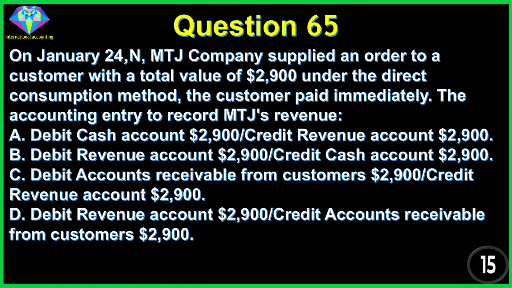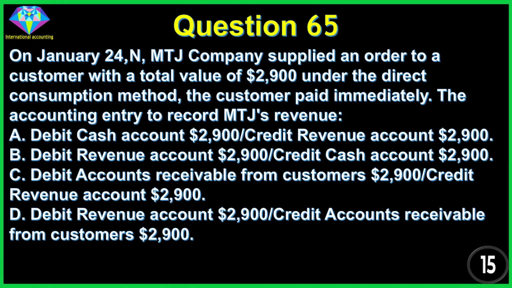On January 24, an MTJ company supplied an order to a customer with a total value of $2,900 under the direct consumption method. The customer paid immediately. The accounting entry to record MTJ's revenue. A. Debit cash account $2,900 per credit revenue account $2,900.